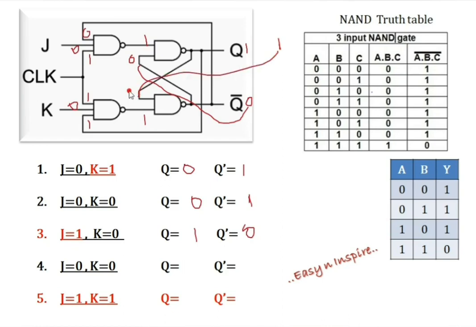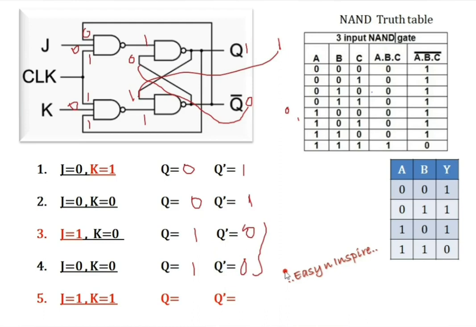Again this one here. 1 and 1 results 0. These two are my new inputs. We know the first input, we don't know the second input, so I am taking the previous values here. Again the same answers, 1, 0, I got. So observe the same values, that is nothing but memory or no change state.